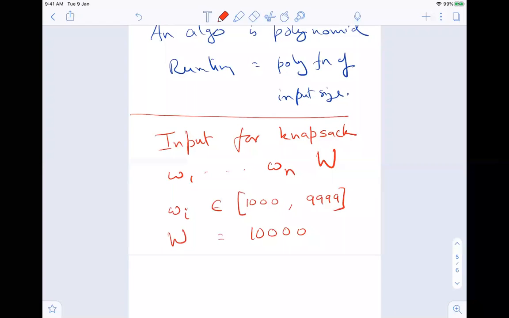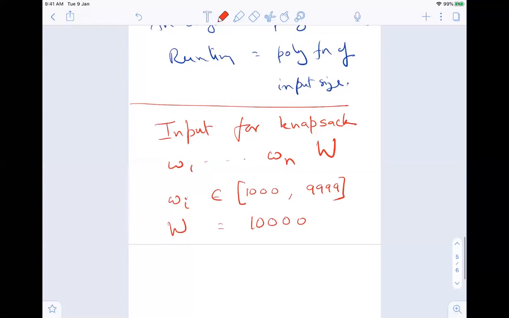Okay, and N is some number. Let me fix this N to be equal to, say, 20.